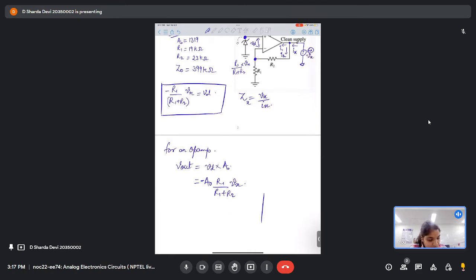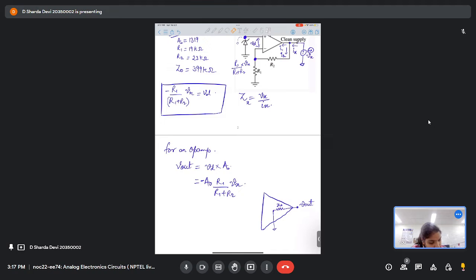If we carefully observe an op-amp, let's say there is some Z0, here we have V0, and here we have some VA, connected to ground.